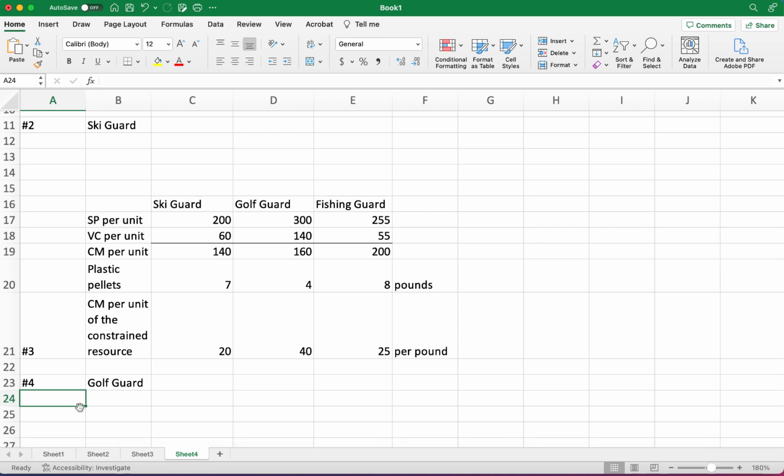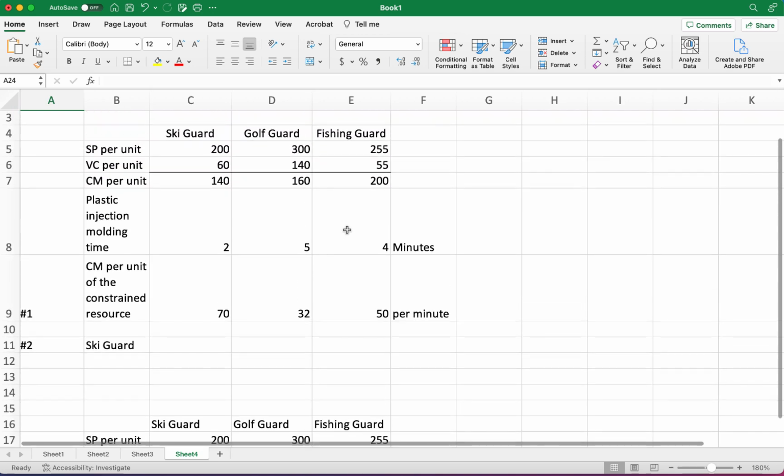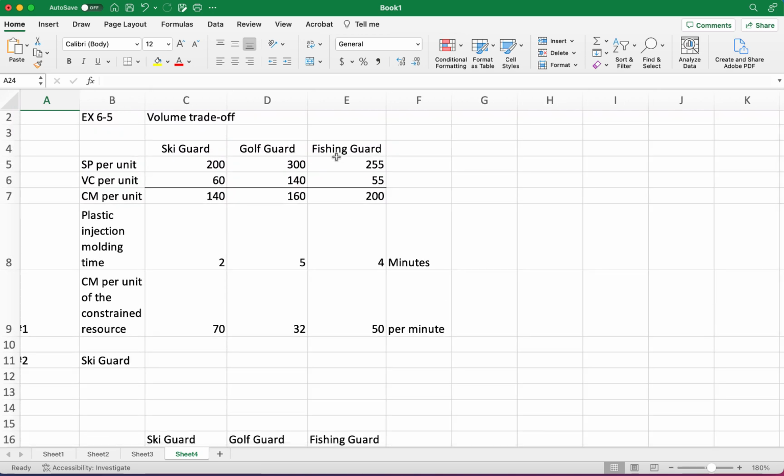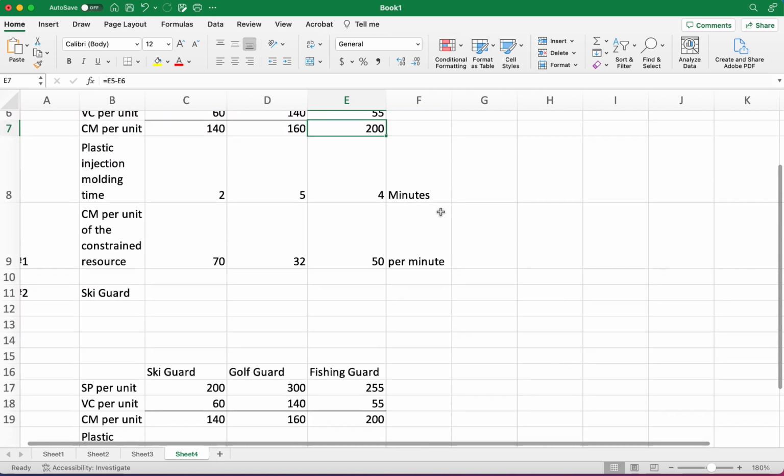Now, number 5 says, which product has the largest contribution margin per unit? Why wouldn't this product be the most profitable use of the constrained resource in either case? Okay. So here what we're saying is, for number 5, fishing guard provides us with the largest contribution margin per unit, okay, $200, right?